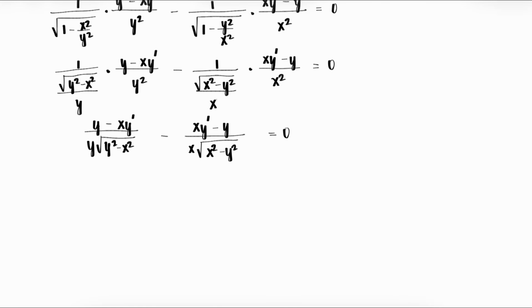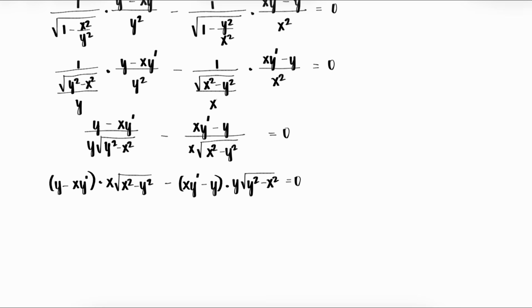So multiplying, this is now y minus xy prime times x square root of x squared minus y squared, minus xy prime minus y times y square root of y squared minus x squared equals 0.